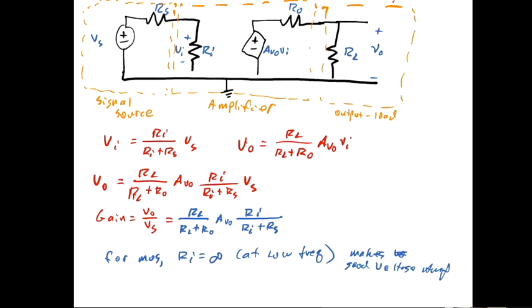So we would like the output resistance to be as close to 0 as we can. So if this is very small, ideally it's a short, right? If the output resistance is a short, then we send all of this voltage source here, AV not VI, it all goes to the output voltage if our out is a short.